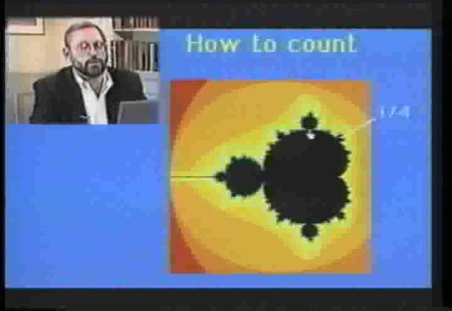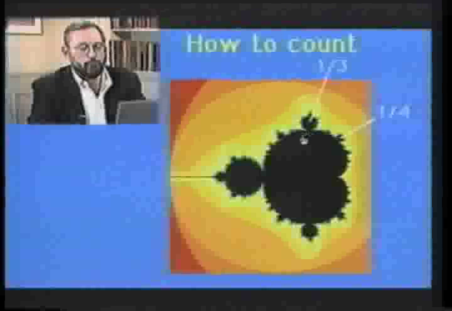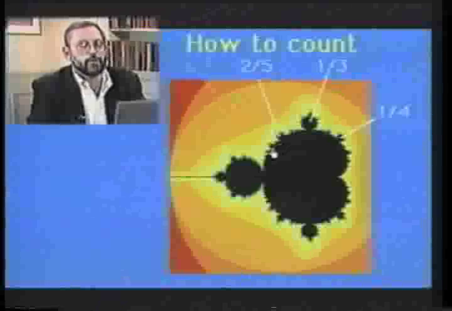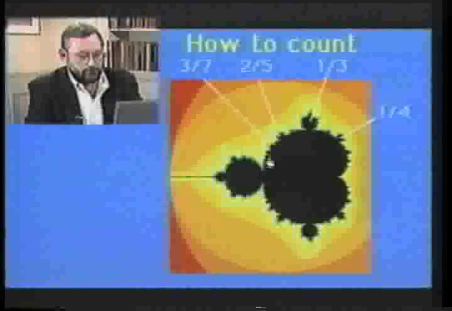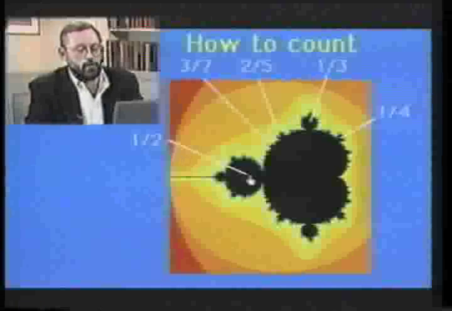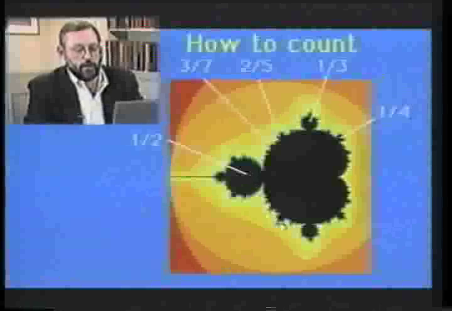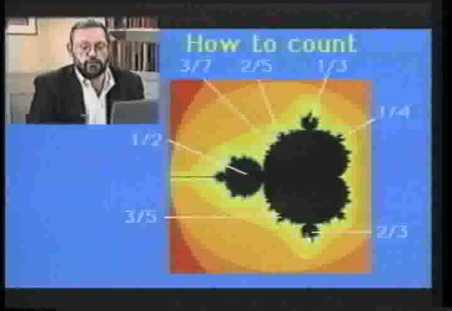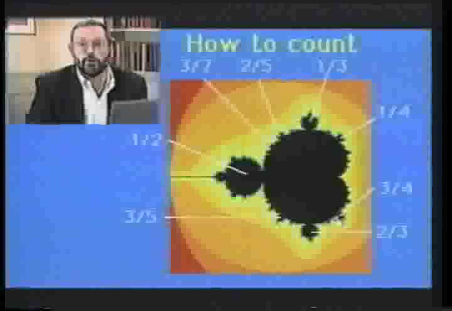Up above was the 1/3 bulb. Here was 2/5. Over here, 3/7. Here was the 1/2 bulb. And over here is the 3/5 bulb, the 2/3 bulb, and the 3/4 bulb.